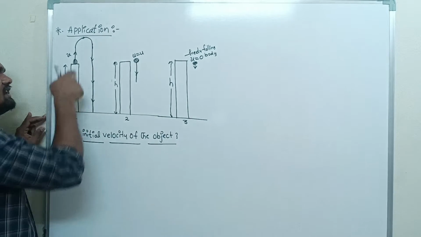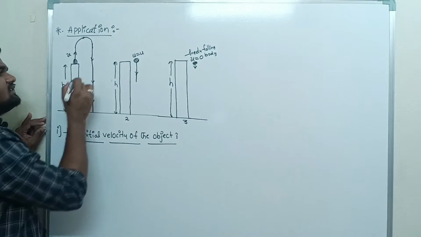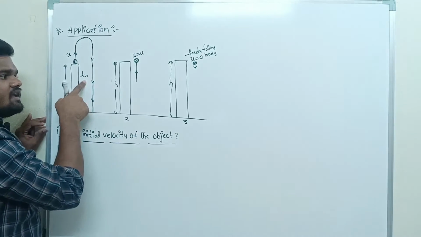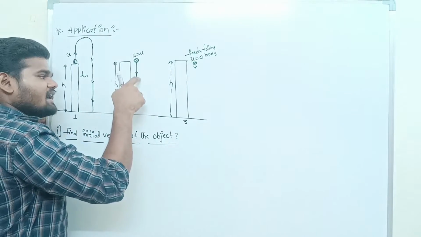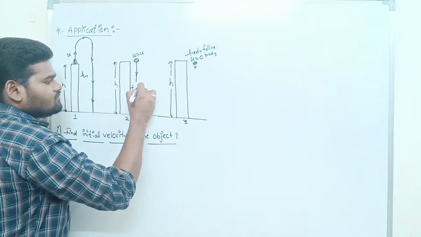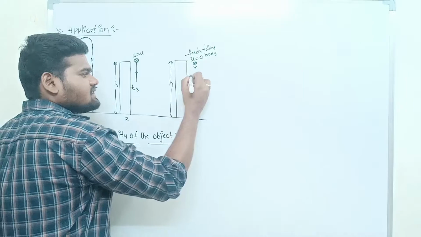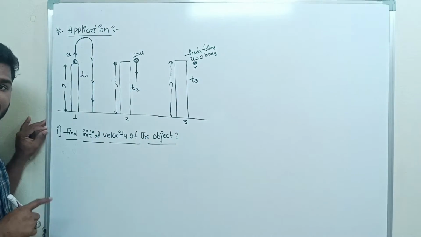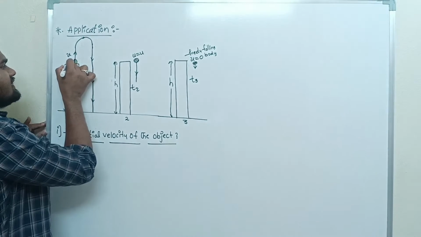In the first case, the total time taken by the object to reach the ground is t1. In the second case, the total time taken by this object or stone to reach the ground is t2. In the third case, the total time taken by the object to reach the ground is t3.